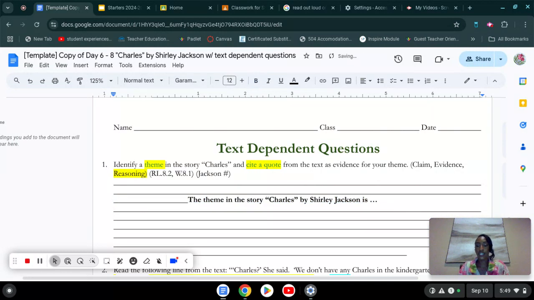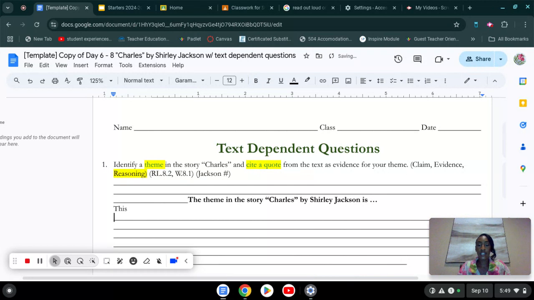Your second sentence is going to be, "This is evident in the text when it says," comma, you're going to put your quotation marks, find your quote.